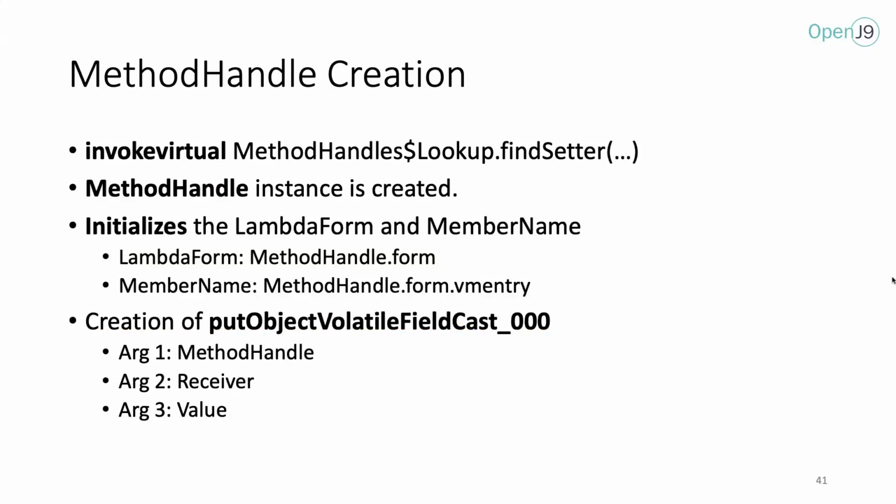And the end result will be creation of the put object volatile field cost method, which has three args: MethodHandle, receiver, and value. We had shown how the Lambda form for this method looks like, and we have already seen the bytecode for this method. So this is what gets generated when we create an instance of MethodHandle.